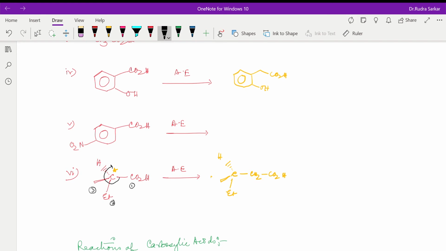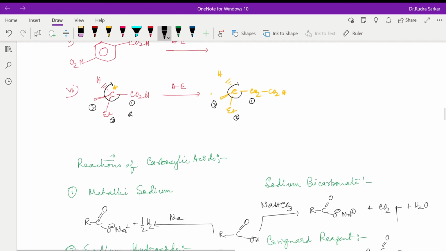So this is basically R. All right, this is R. Similarly, this is also 1, this is 2, and this is 3. So this is also R. So if it is R in the beginning, then it will remain R in the product.